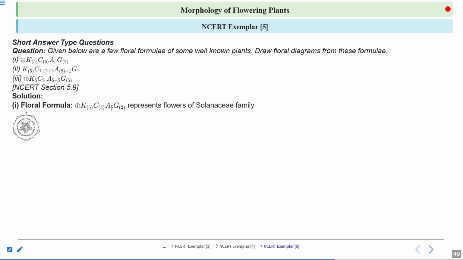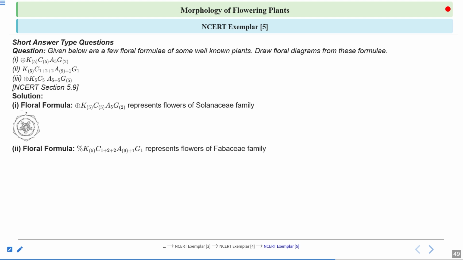And A5 means androecium has 5 stamens, and C should link with A with this type of bar, right? So that shows the epipetalous condition because the androecium is attached to the petals. Gynoecium G2, and they are united. So here you can see one carpel and this is the second carpel, and you can see the septum in between, right? So this is the floral diagram and floral formula of the Solanaceae family.